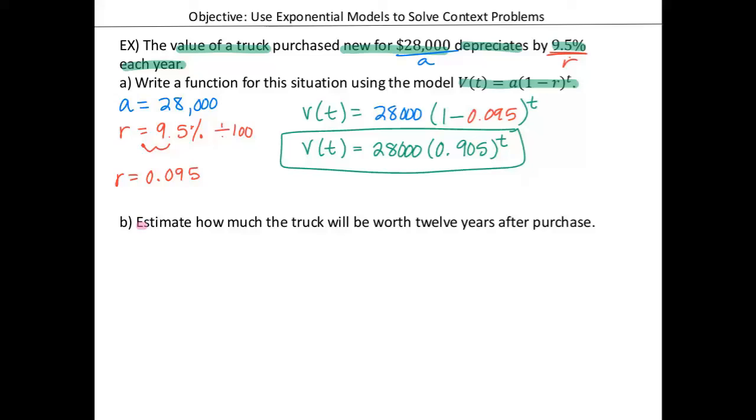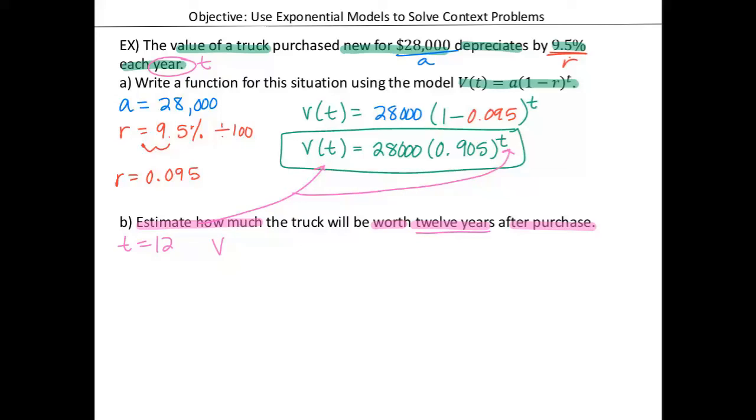And then for part B, estimate how much the truck will be worth 12 years after it was purchased. So in this case, my T is in years, and I have 12 years. So I know in this case, T is going to be 12. So I'm basically just going to plug in 12 everywhere we see a T in my function.